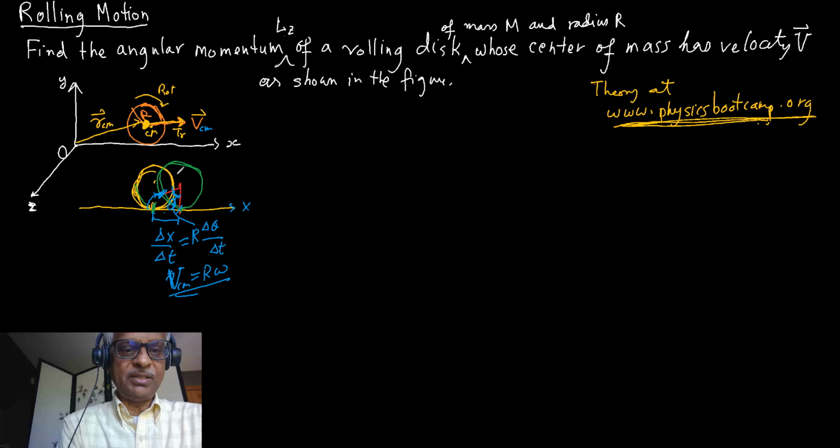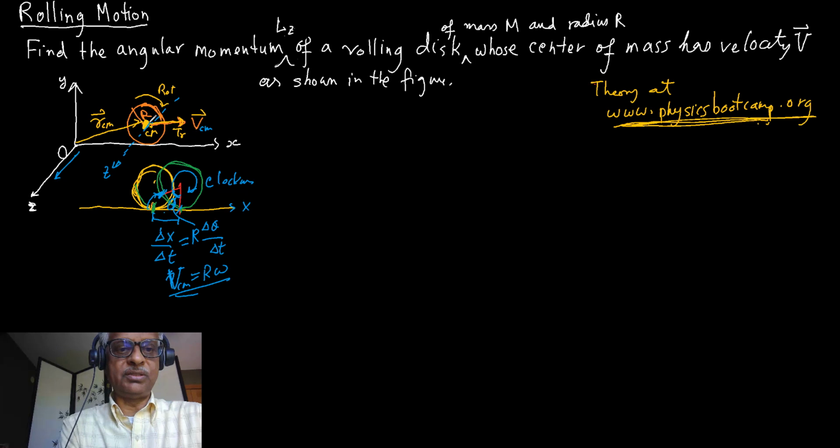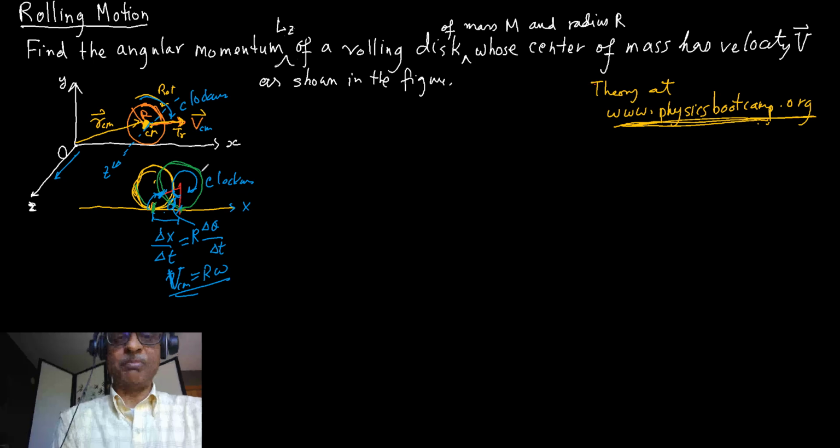You can see this is rotating in a clockwise fashion. If the z-axis is coming out, then the rotation sense is clockwise, which means I'll get a negative value for the pure rotation.